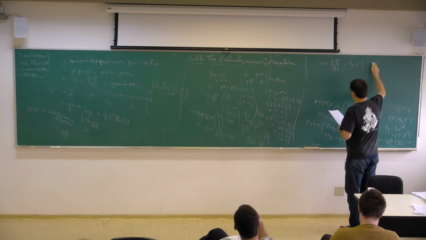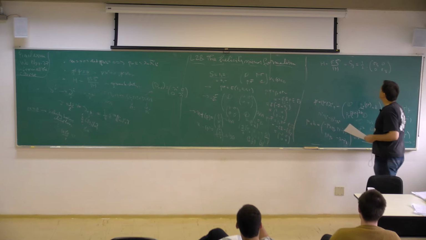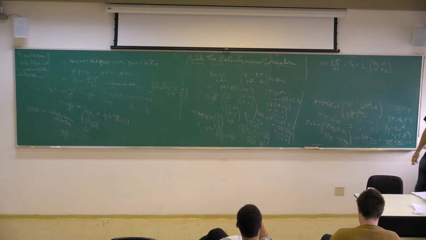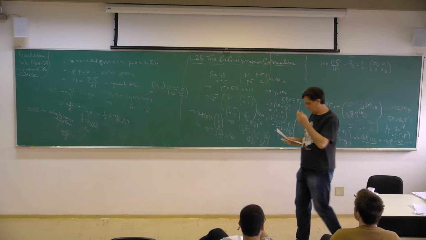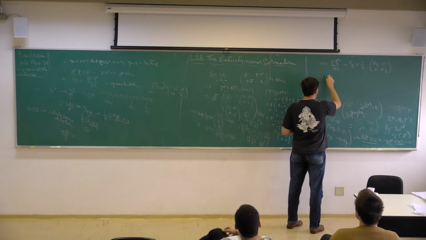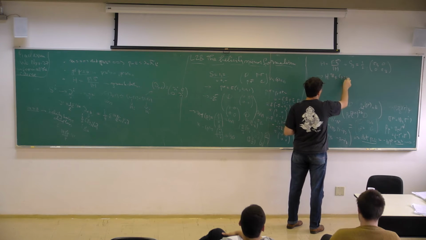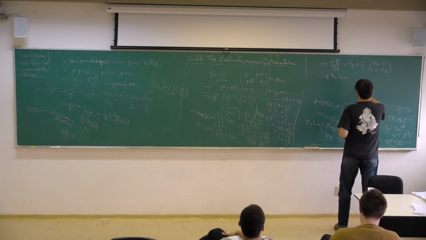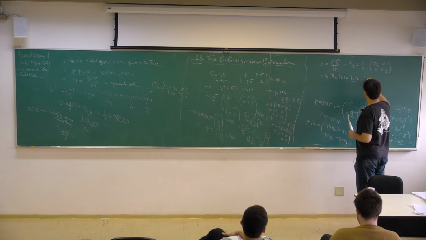So it's 1/2 sigma 3 in both, since, as we said, this is the matrix that acts diagonally in both. Which then means that H acting on U plus minus of P, by definition is the helicity times U plus minus of P.